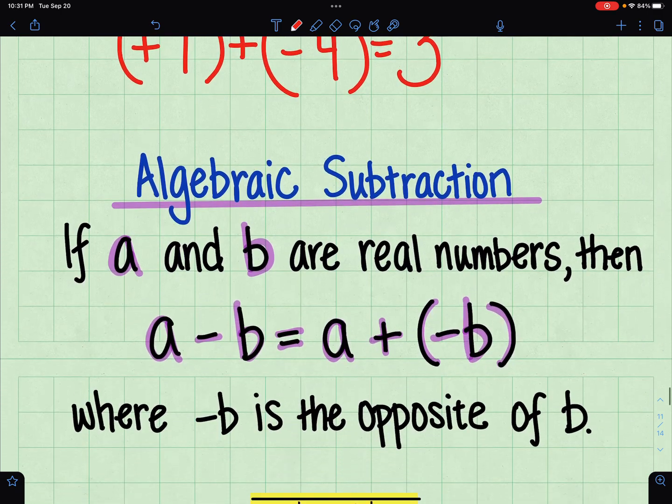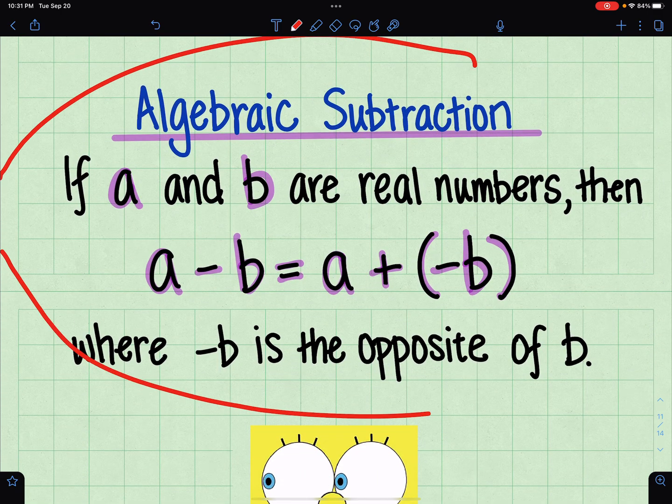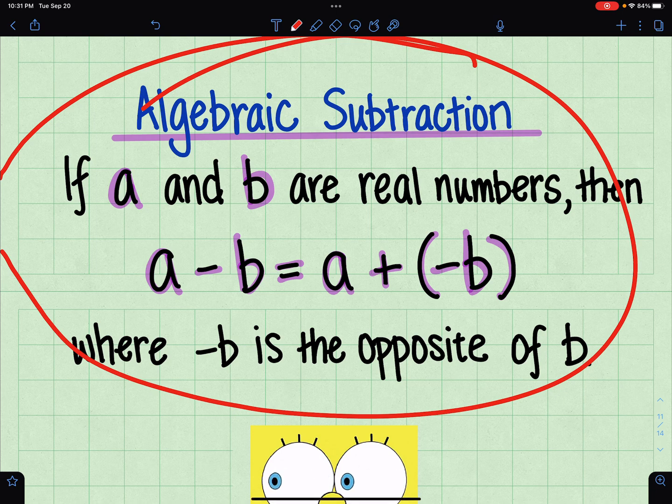Come on, that's awesome. And here's the rule about subtraction. So if you want to say it in terms of words instead of in terms of numbers, they define it for us like this. If A and B are real numbers, then A minus B is the same as A plus a -B. That's the same thing we just did with 7 minus 4.